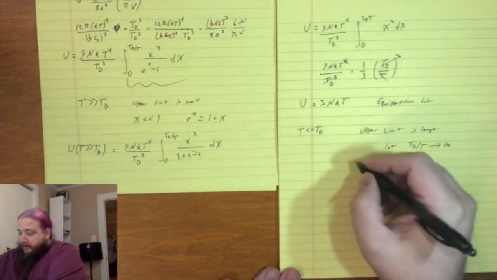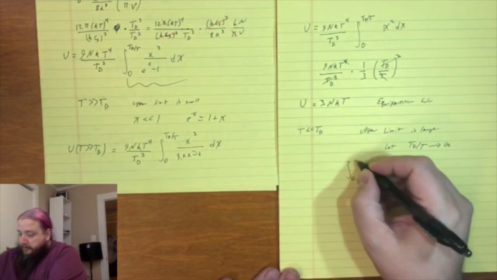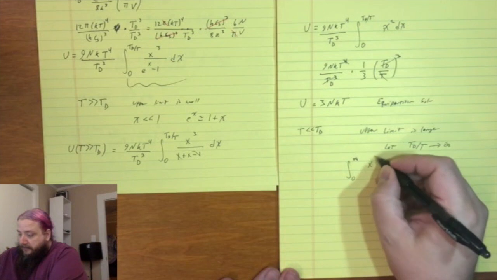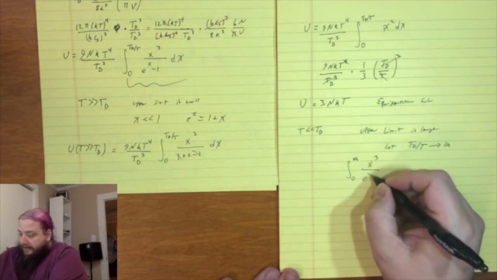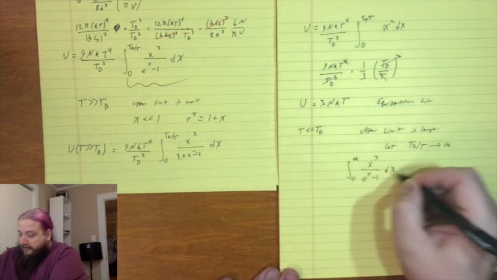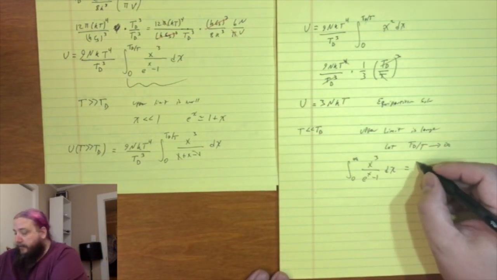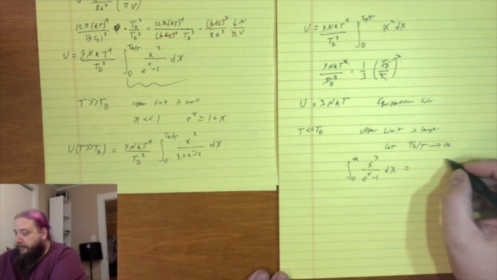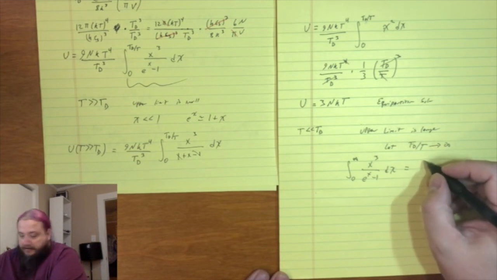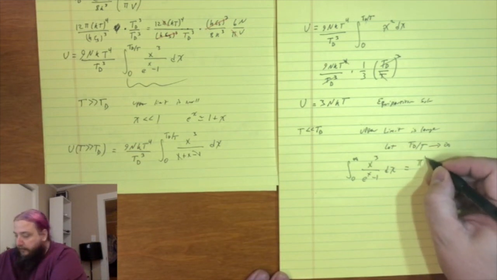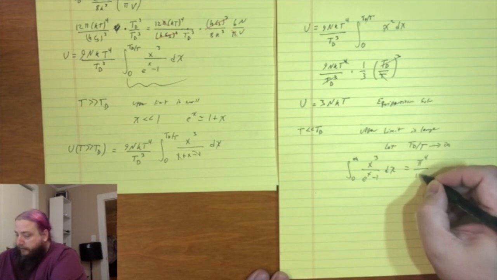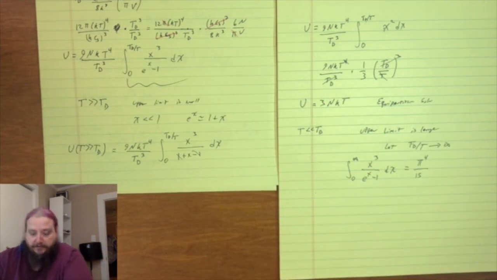And then our integral just becomes the integral from 0 to infinity of x cubed over e to the x minus 1 dx, which again, if you look it up in a table or go to the back of the book and dig through the various tricks to get here, gives you pi to the fourth over 15.